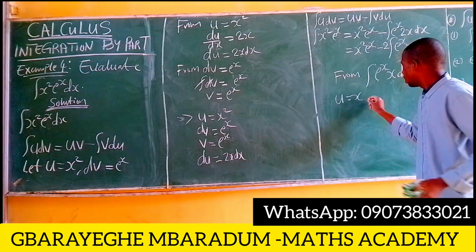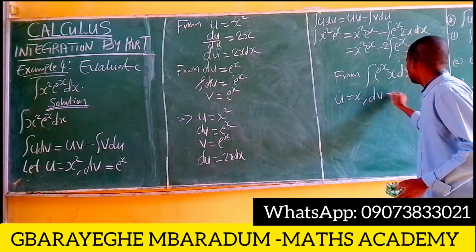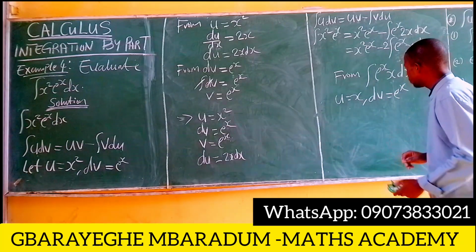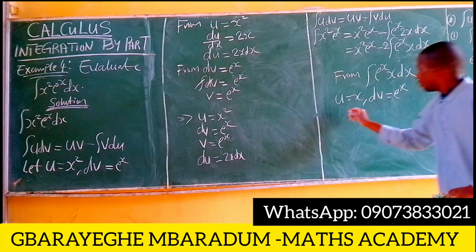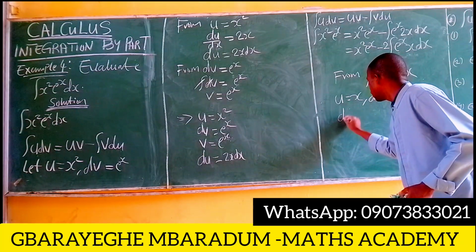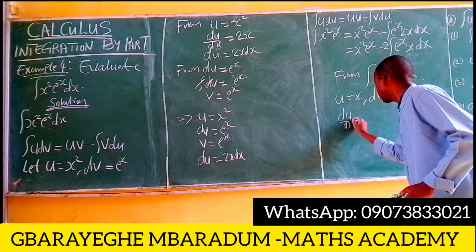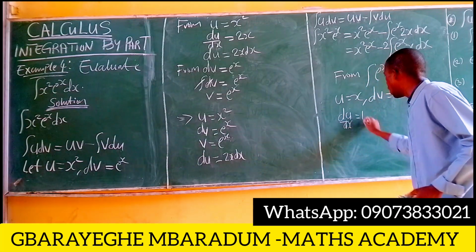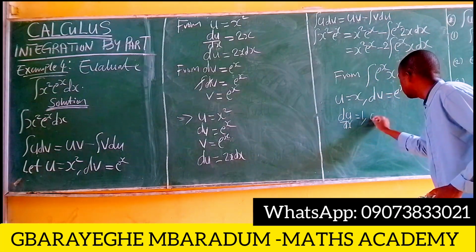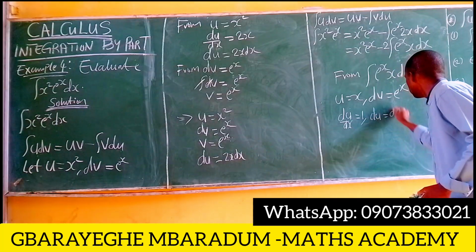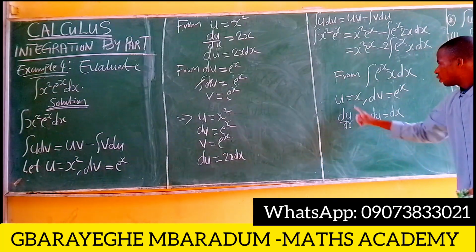Our dv equals exponential x, right? Now differentiating u with respect to x, we get 1. This implies that our du is equal to dx, right?